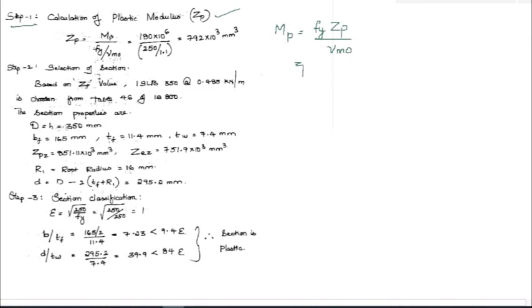So ZP would be MP gamma m naught by Fy. Substitute them, that is 180 into 10 to the power of 6 into 1.1 divided by 250. You will get 792 into 10 to the power of 3 mm cube.